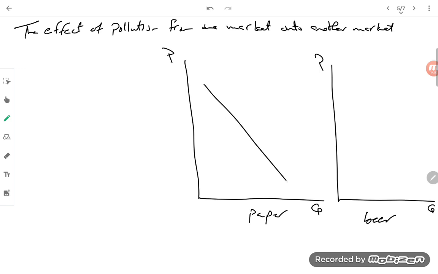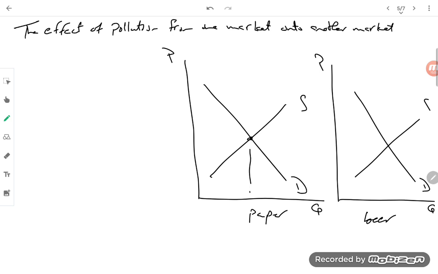Initial situation: this is the demand curve and this is the supply curve. Equilibrium quantity will be at Q, and equilibrium price at P. The same here: equilibrium quantity Q and equilibrium price P.